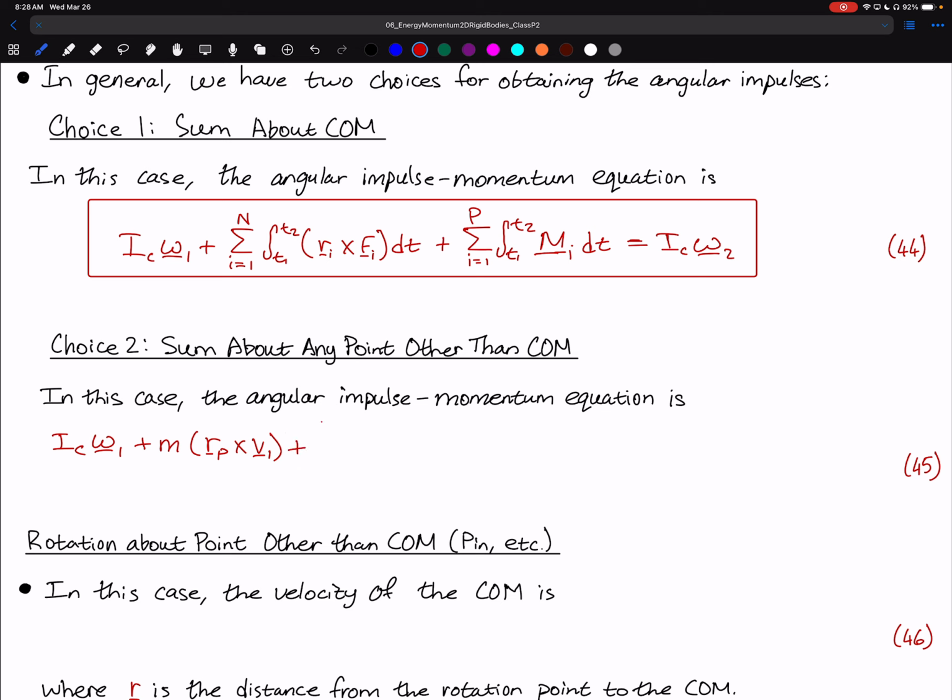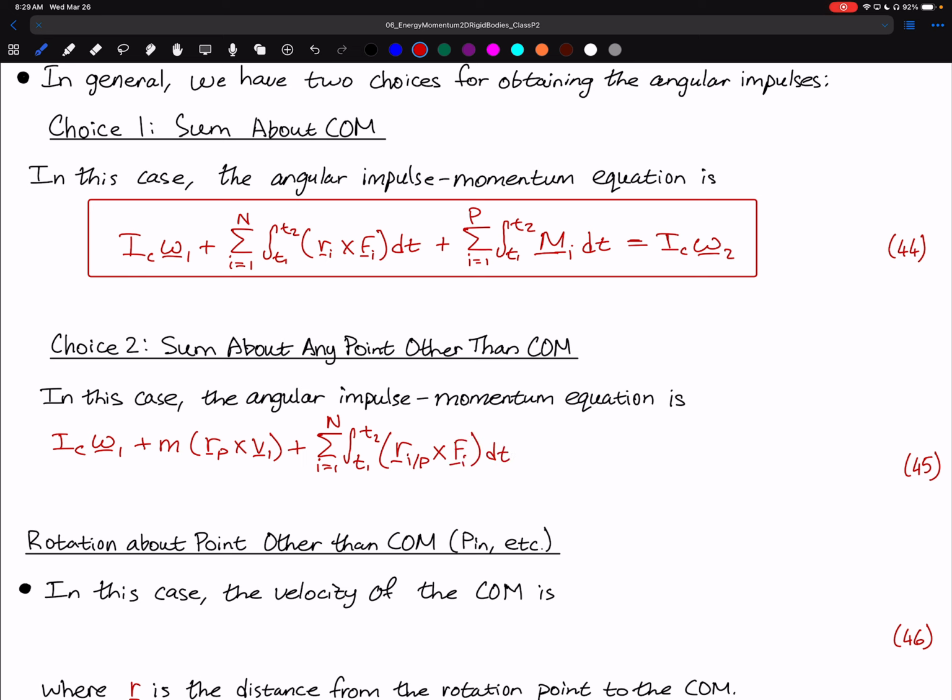Plus the summation i equals 1 to n of the integral from t1 to t2 of the cross product of the relative position r sub i/P crossed with Fi dt.